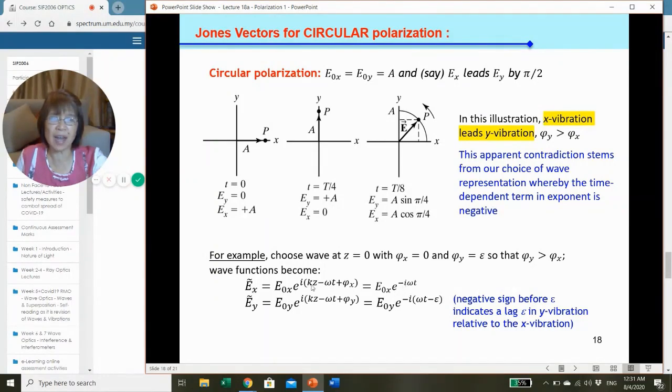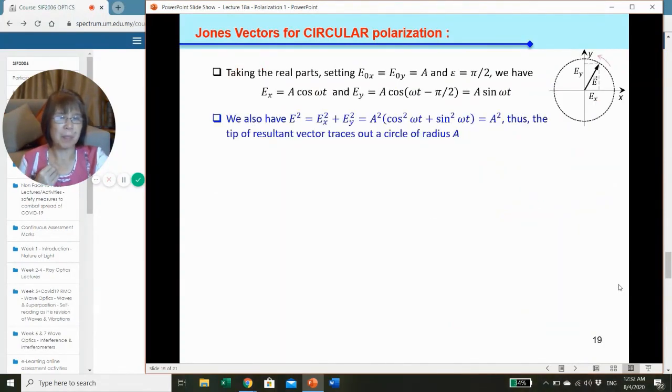For the y component, phi y is epsilon, so it will be exponential of i(kz minus omega t plus epsilon). With z equal to 0, we have exponential of negative i(omega t minus epsilon). This negative sign before the epsilon indicates that y actually lags the x vibration by a phase of epsilon. X vibration is leading.